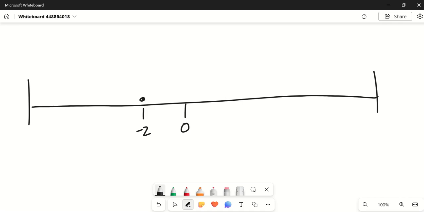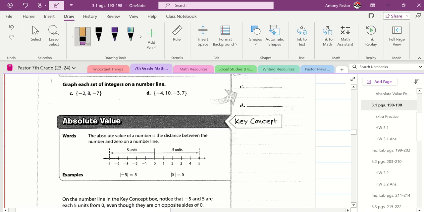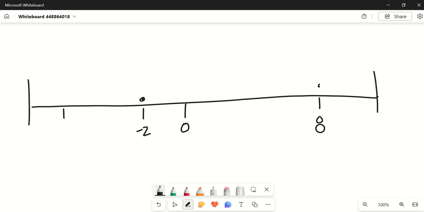Positive 8 would be on the right, and we'll put 8 down this way. And they want a negative 7, which will be probably right around here. Now, if you want to write out all of the numbers in between, be my guest, and so on. But these are where those are going to be graphed on a number line.